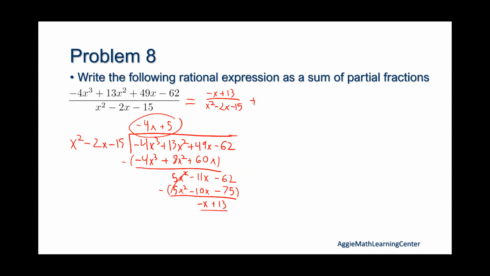So in this case, it starts with a negative, so it's actually going to be minus. But anyway, minus 4x plus 5. So these two expressions are equal up here. Those two are the same. Does it make sense how I got that far? Are there any questions about that?